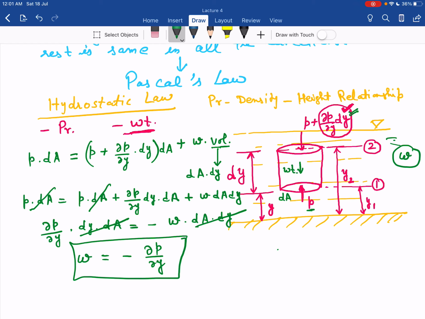That means the specific weight is equal to the rate of change of pressure intensity along the y direction.